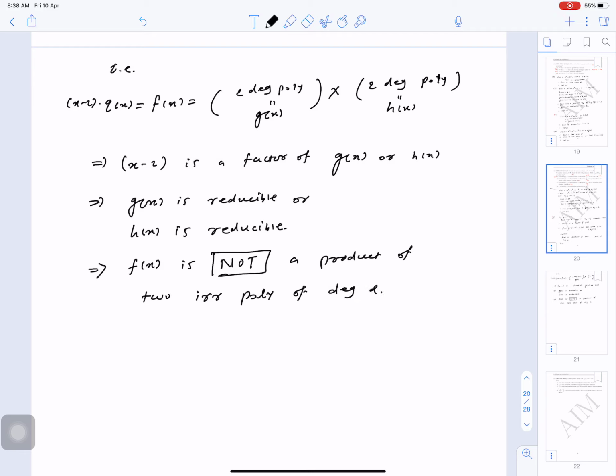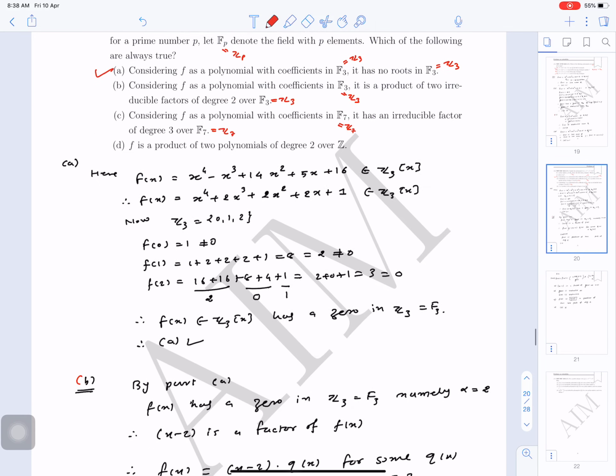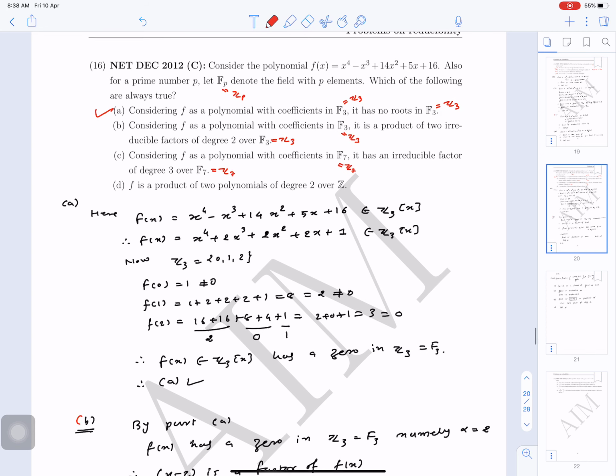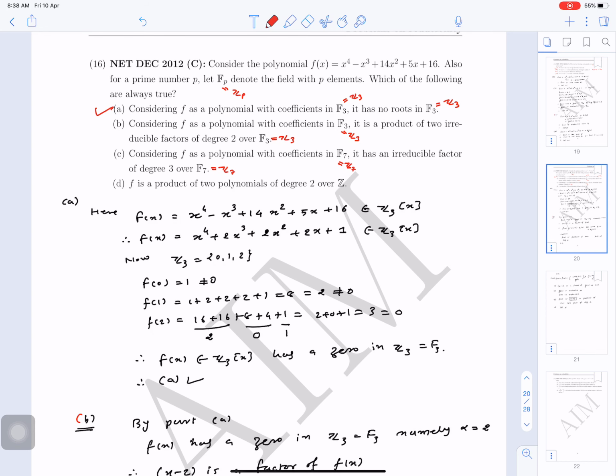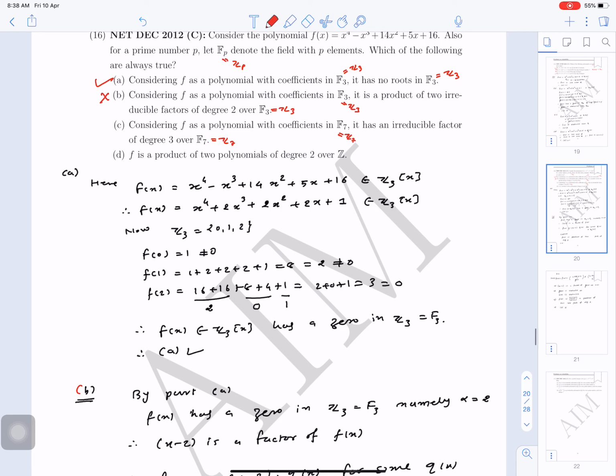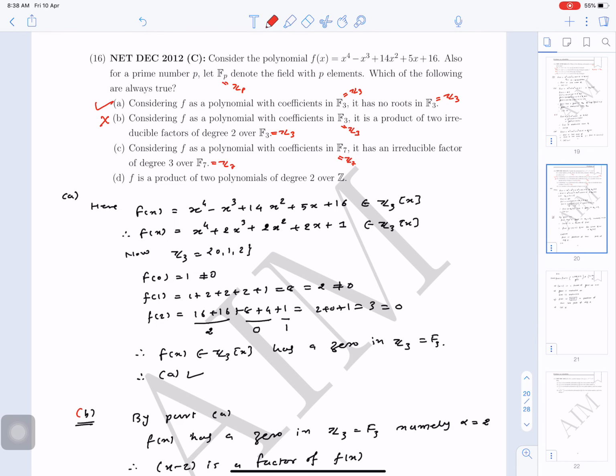So therefore option 2 is wrong. Sorry, in option A we found that f(x) has a 0 in Z3, and in option A they say it has no roots in F3, so that given statement is wrong.